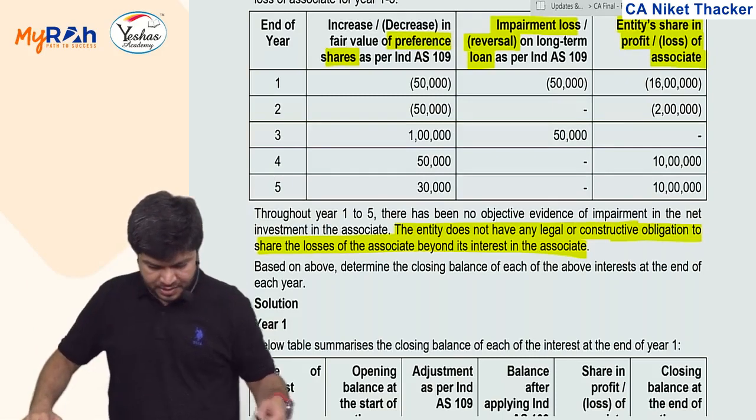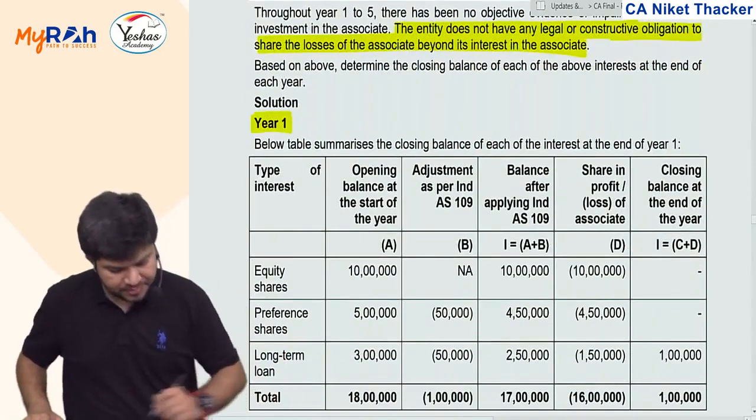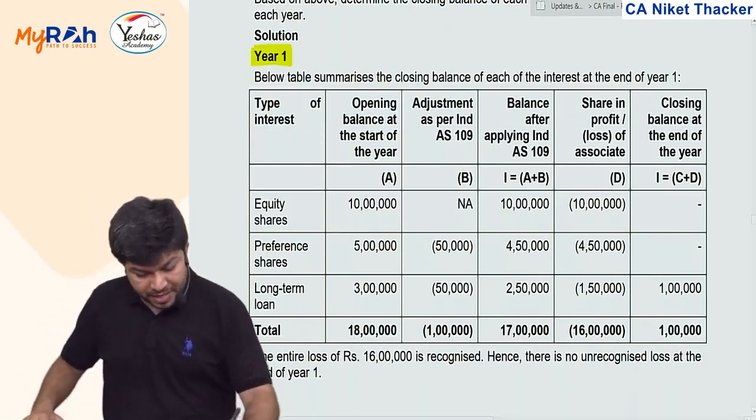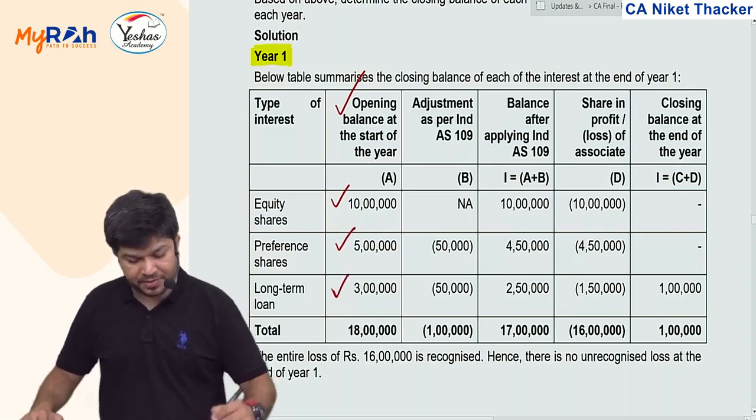Now this is year 1. This was the opening balance given, 10 lakh, 5 lakh, 3 lakh. Now give the effect of 109 first.